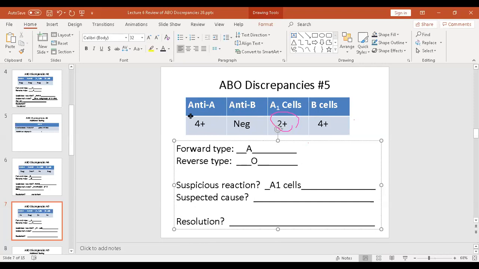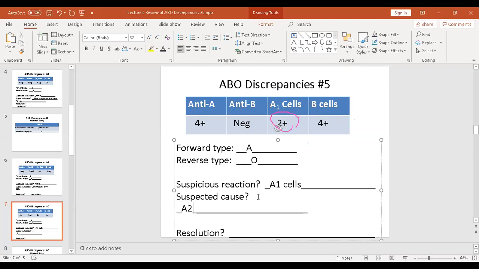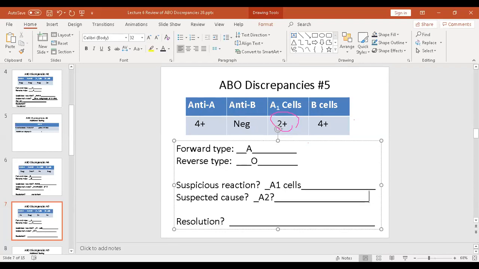We have someone who looks like they're type A very strongly. However, it looks like they have an antibody against A1 cells. And so what we want to suspect in this case is maybe this is someone who is type A2. Okay? And so we have to remember that with individuals who are type A, about 80% of the population is type A1, but then 20% of the population is A2.